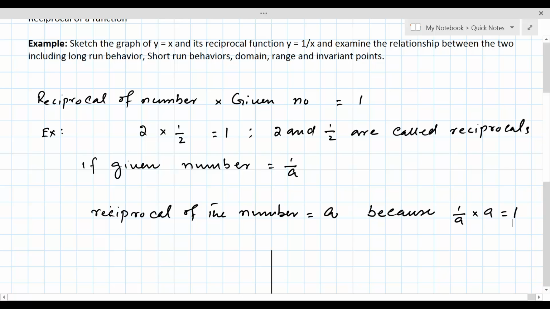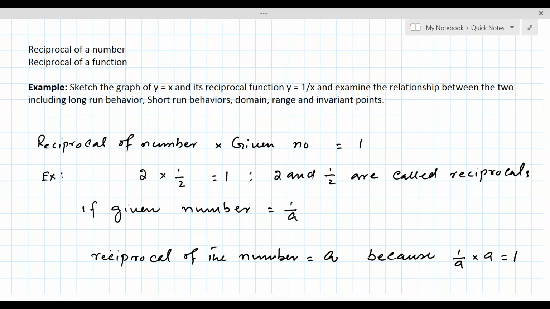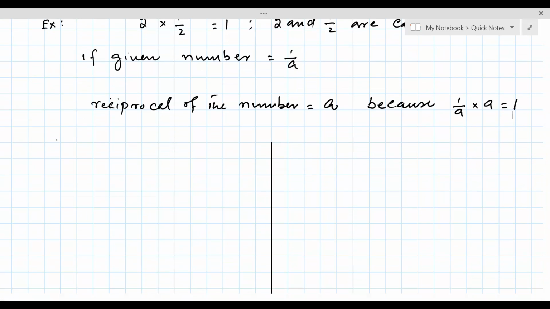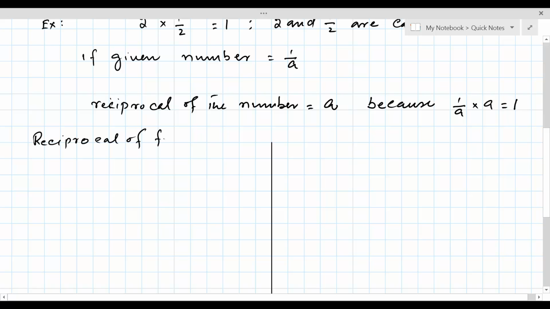Now, based on this concept, we will define the reciprocal of a function. So for the given function f of x, the reciprocal of the function f of x is 1 over f of x.